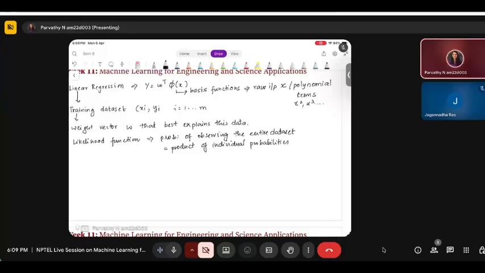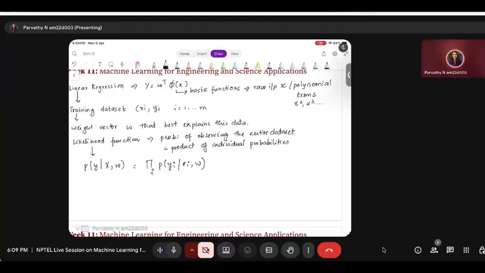So this is the likelihood function, which is given as P of y given x comma w. X is the input, y is the output, w is the weight vector. So this is the product over all the samples i of the individual probability, which is given by P of yi given xi comma w.